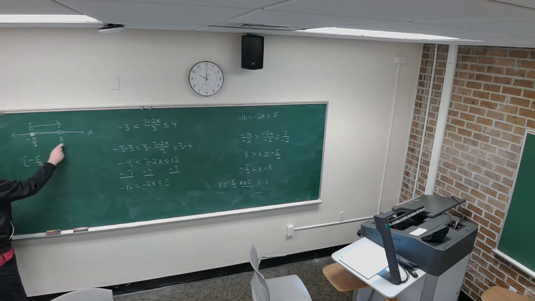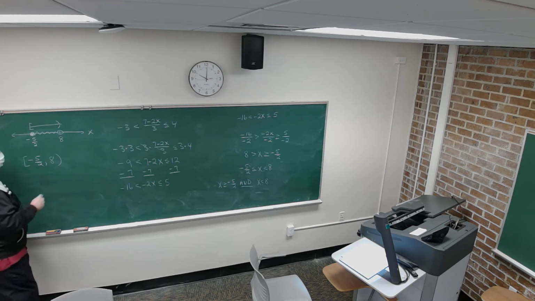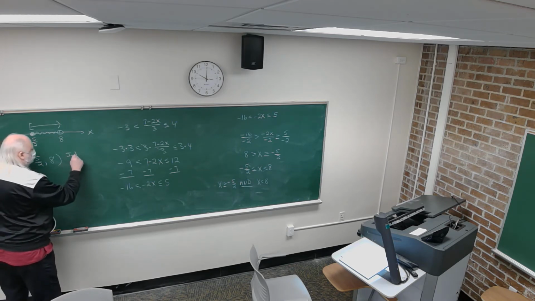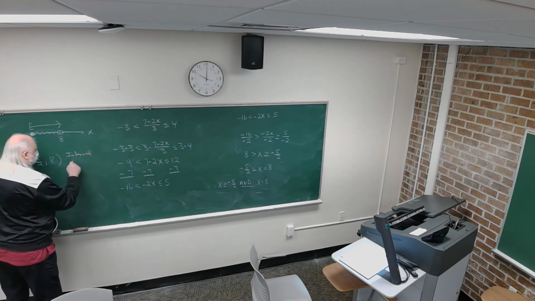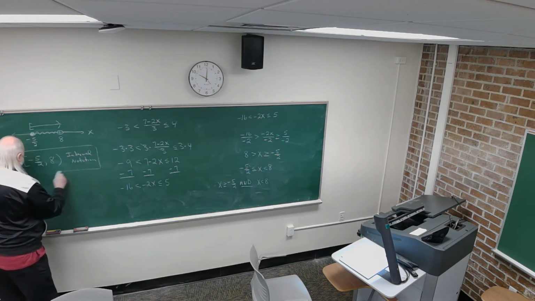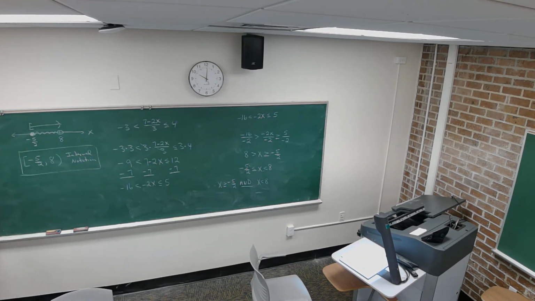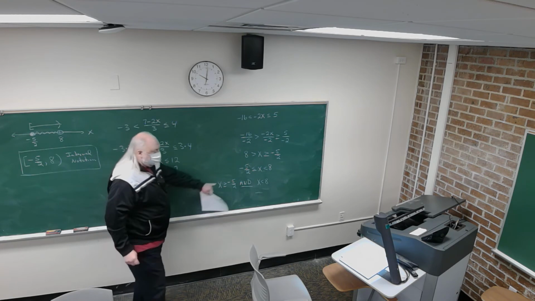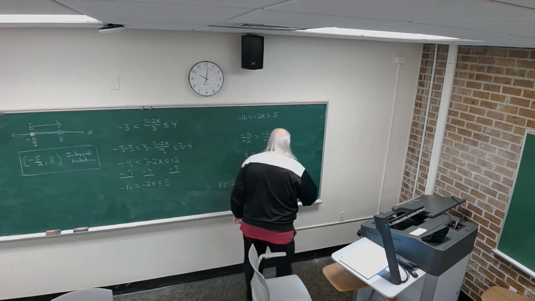And then everything up to 8, not including 8. And so we enclose the 8 with a right parenthesis. So this is the solution set in interval notation. This is the solution set in inequality notation.